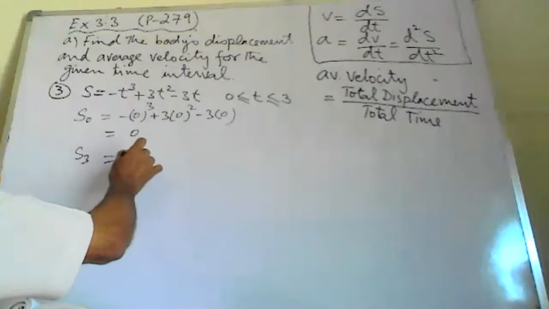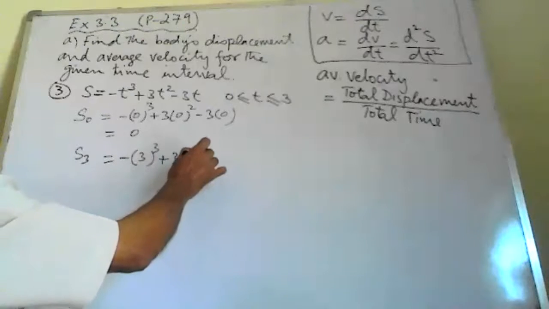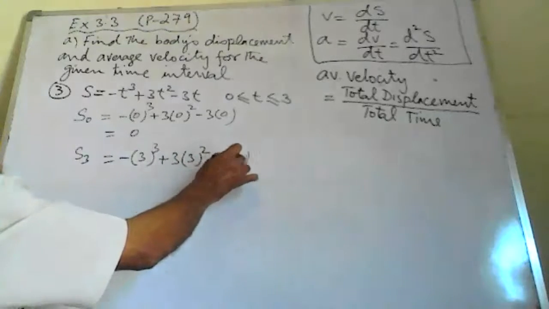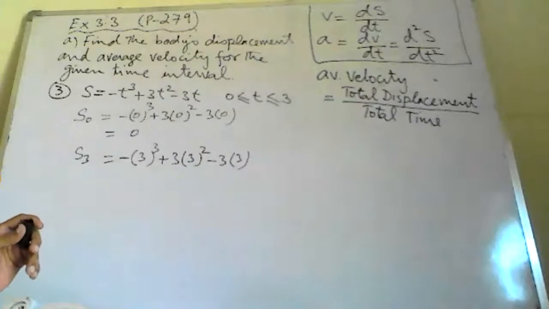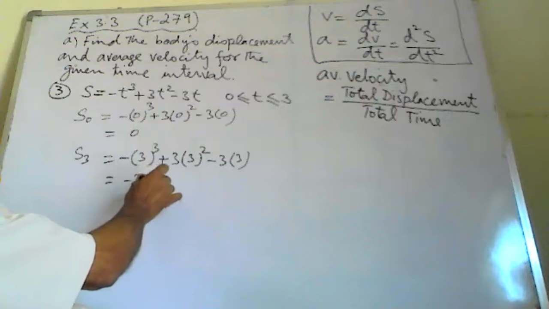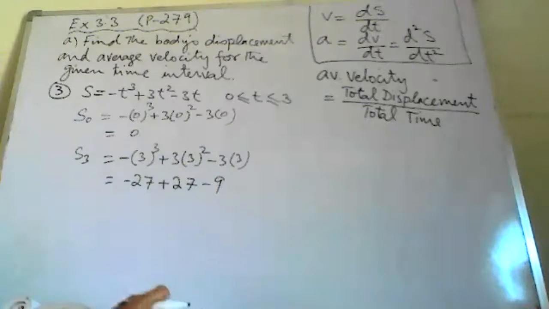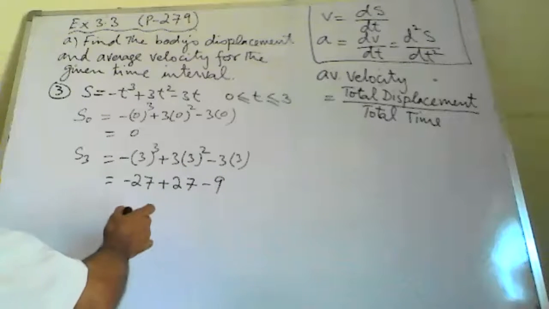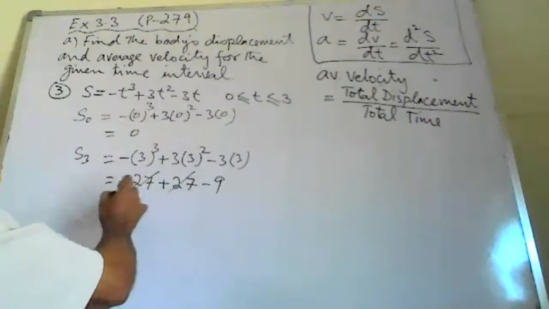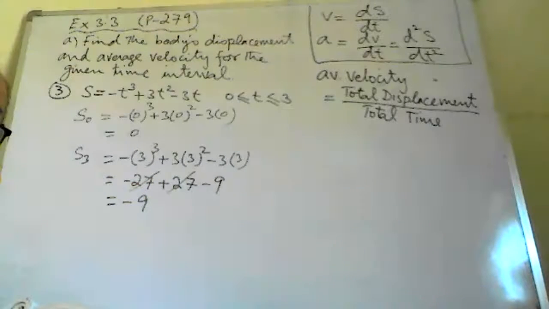So minus 3 cube plus 3 into 3 square minus 3 into 3. It will become minus 27 plus 27 minus 9. The answer is minus 27 plus 27. The answer is minus 9. This is the final displacement.